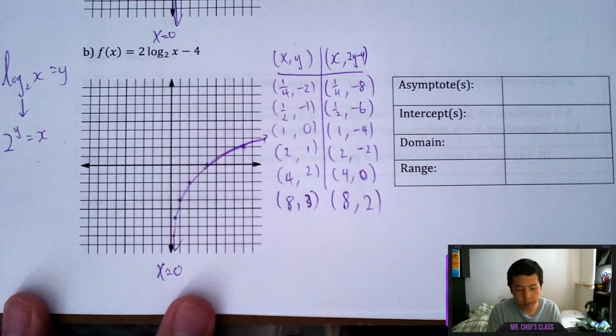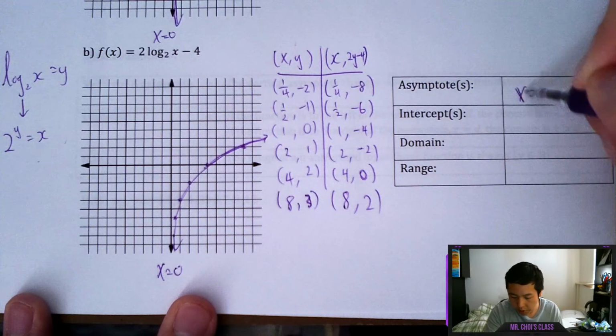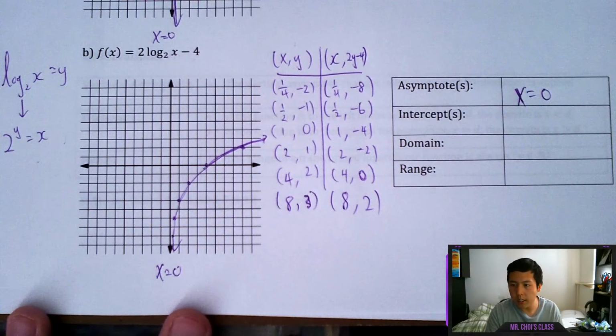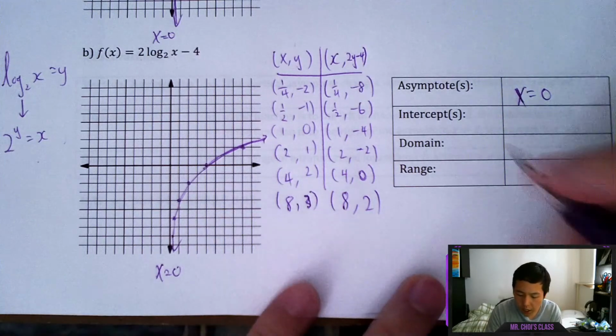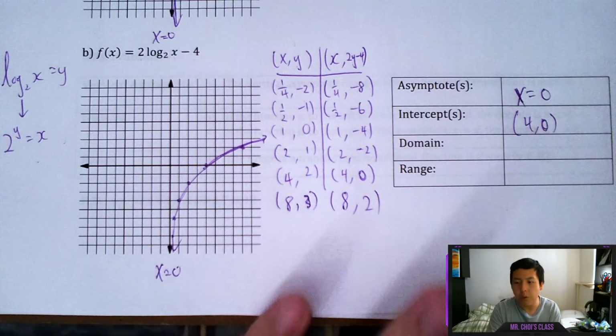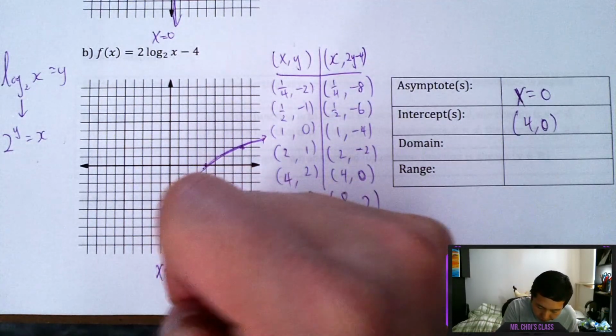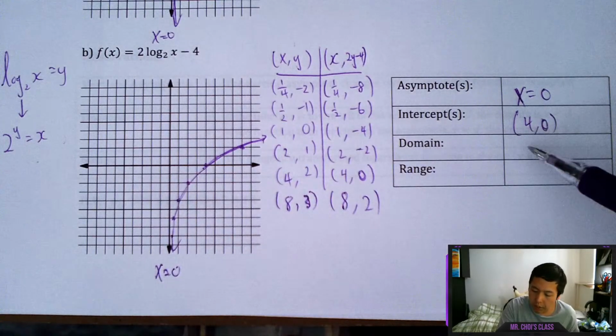There's no horizontal asymptote. We can assume that that's going to continue onwards. So x equals 0 will be our asymptote. That's not changing. We now have a new x-intercept of 4, 0. There is no y-intercept because of the vertical asymptote there. Domain and range.